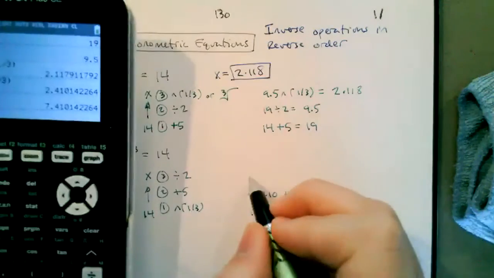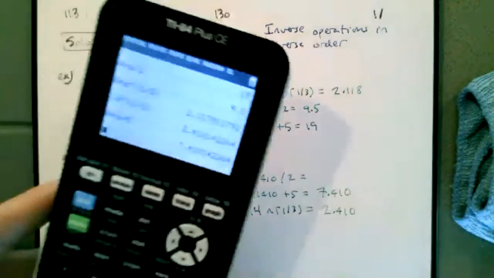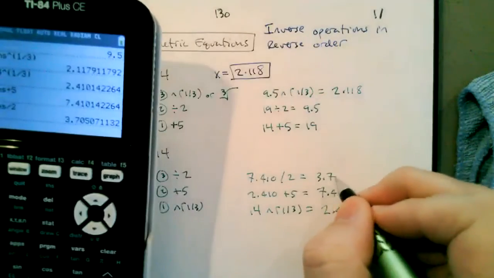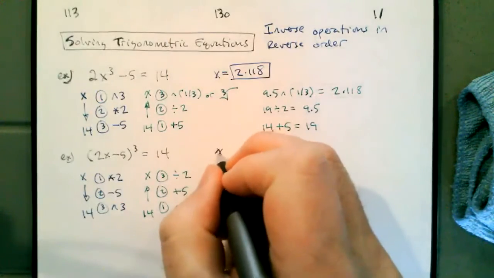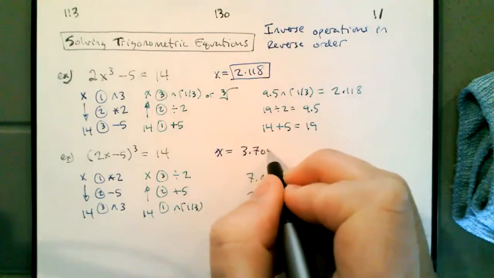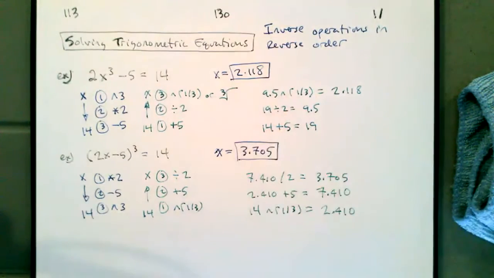And then we'll take the 7.410 and we'll divide by 2. 3.705. So we can report out our answer as 3.705. So I had the same set of operations, but in a different order.